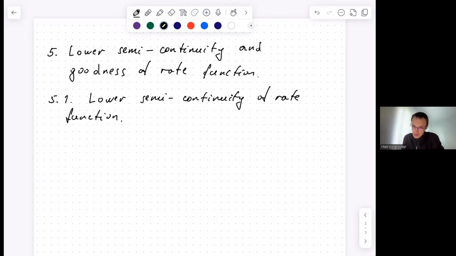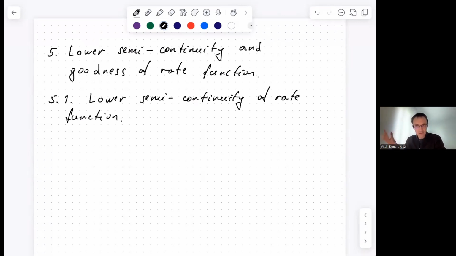And here I would like to start my lecture with the following question. Assume you have a family of random elements in some metric space that satisfies the large deviation principle with some rate function I. And the question is, is this rate function unique, or could there exist another function, say I tilde, such that this family satisfies the large deviation principle associated with that other rate function?